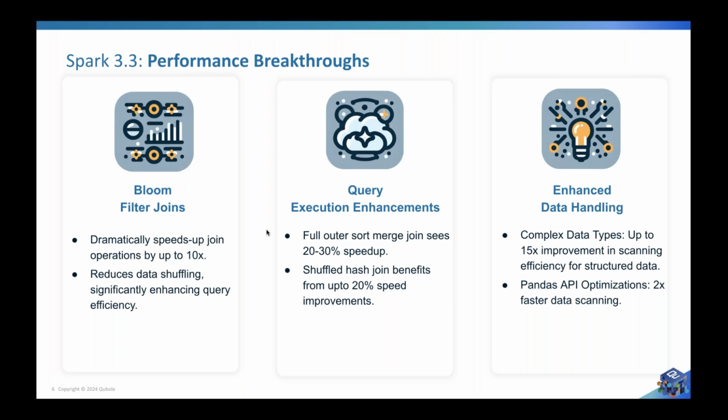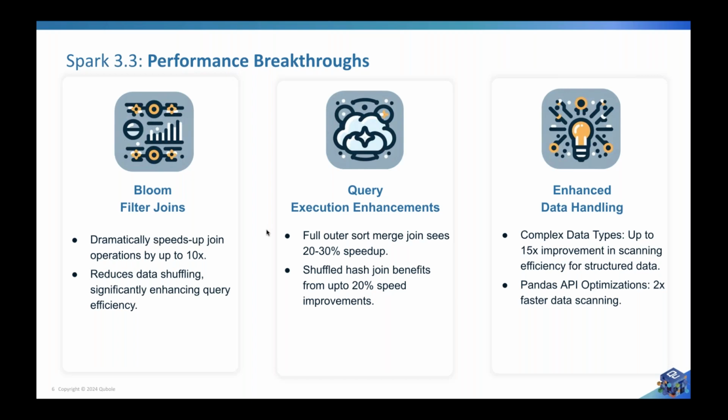Now, since we are talking about the performance features of Spark, we'll cover those. Before I get into these particular points, there are many features. If you go to the Spark release 3.3.0 notes, you will see many data points.